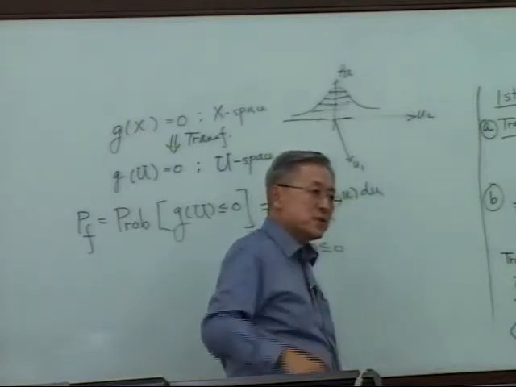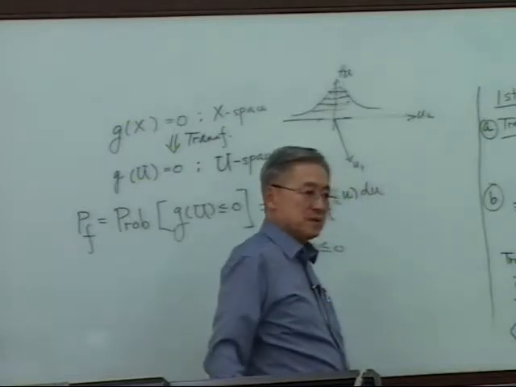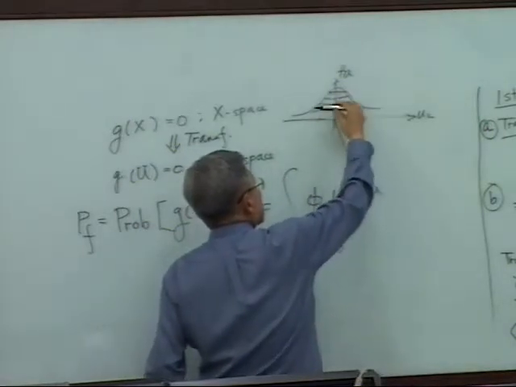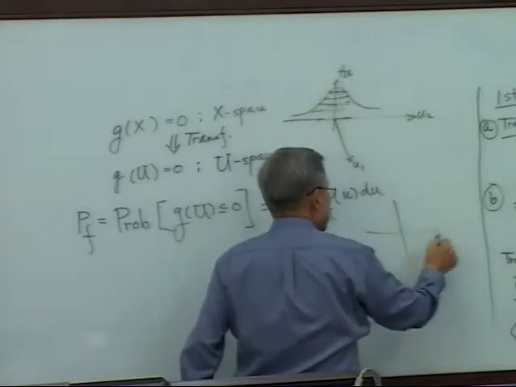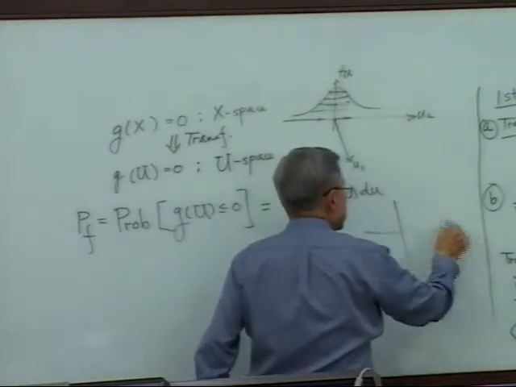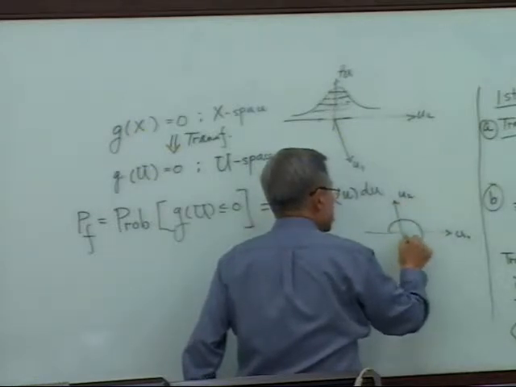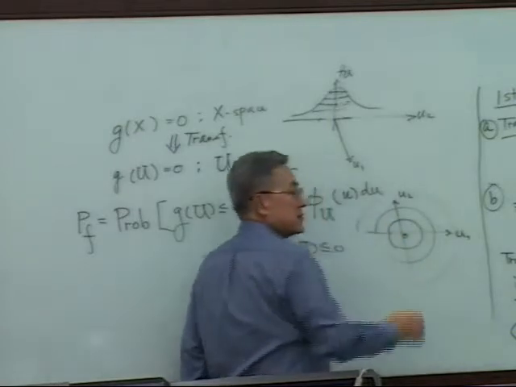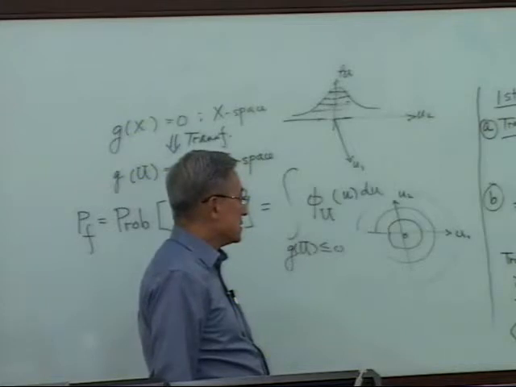For the X space, it's not a circle. It doesn't have to be a circle. But in this case, everything simplifies. And if you cast into the U1, U2 space, this is the origin, and all that contour you can throw as concentric circles.